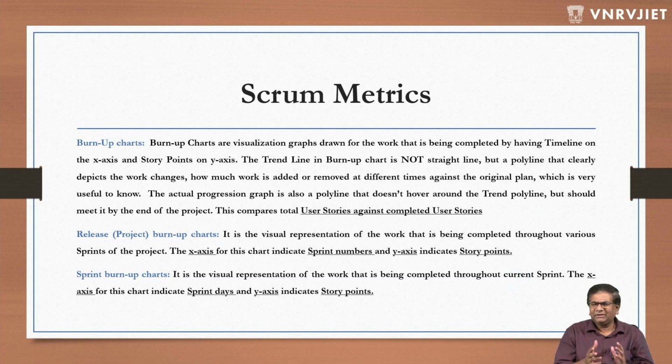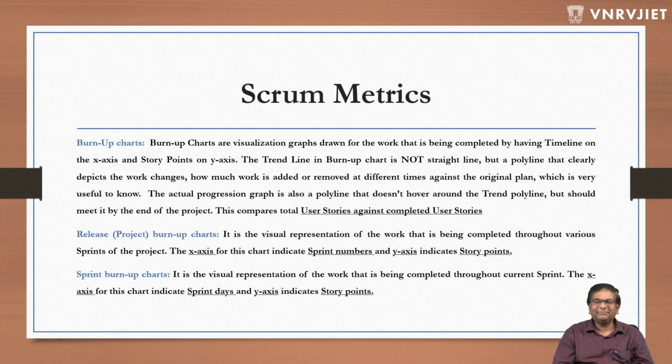Burn up charts are, in a way, kind of opposite to burn down charts. Burn up charts are visualization graphs drawn for the work that is being completed, having the timeline on the x-axis and story points on the y-axis. The trend line in a burn up chart is not a straight line but a polyline that clearly depicts the work changes, how much work is added or removed at different times against the original plan, which is a very useful thing to know for the developers, not for the leadership team, right?